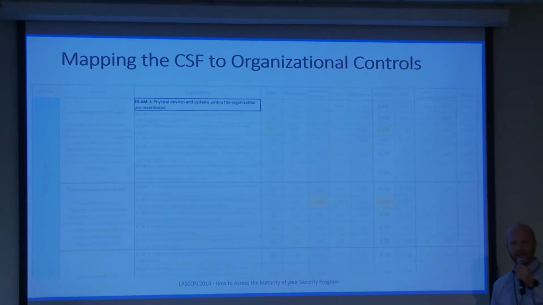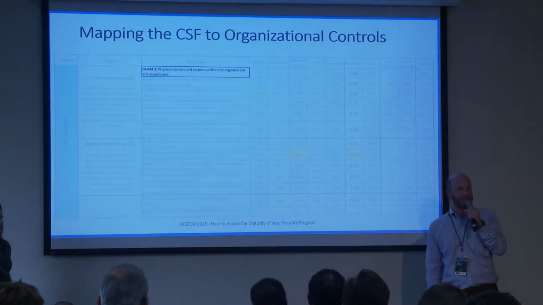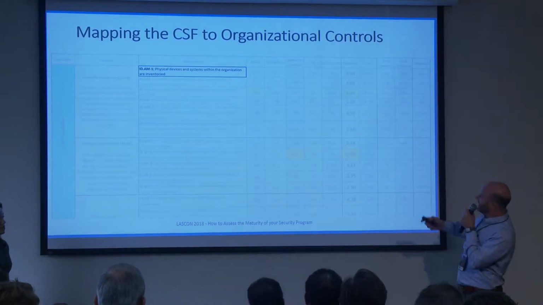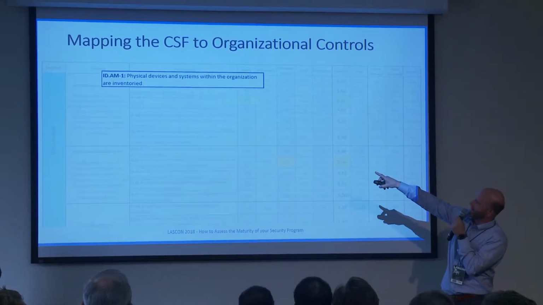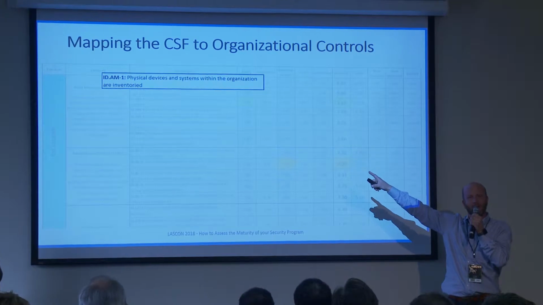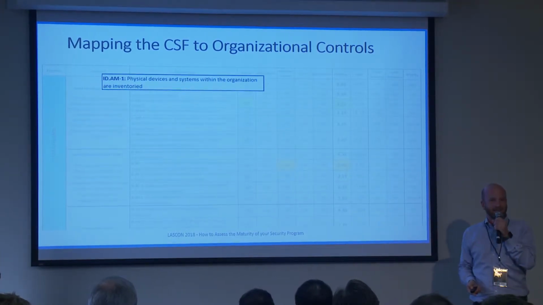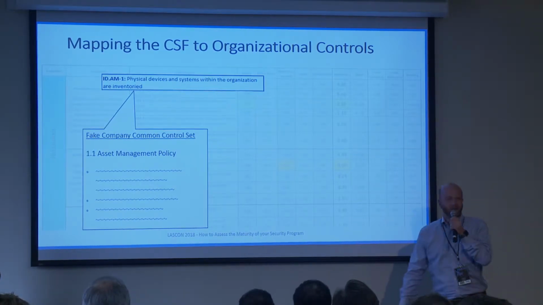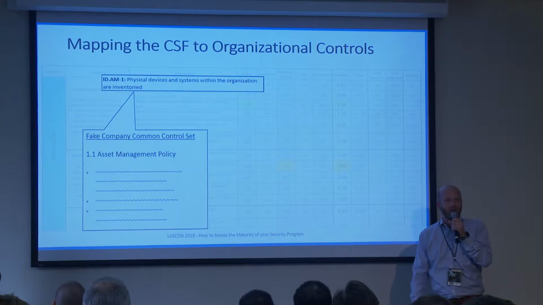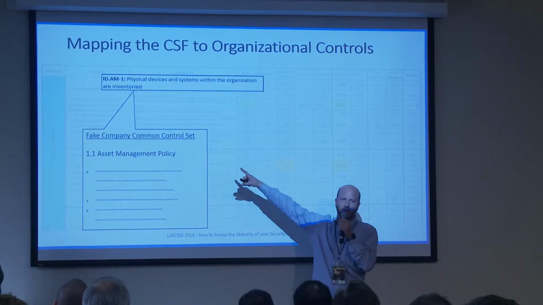But if you are living in a more complex environment in terms of compliance requirements, typically what happens is, just to take this as an example, the cybersecurity framework says you need to manage your physical assets. But what that translates to is that somewhere in your company, you have a common control set, or whatever it may be called, a policy that defines how you actually need to do asset management.